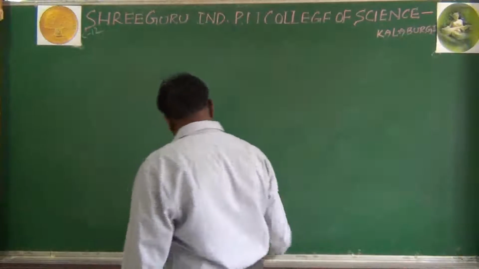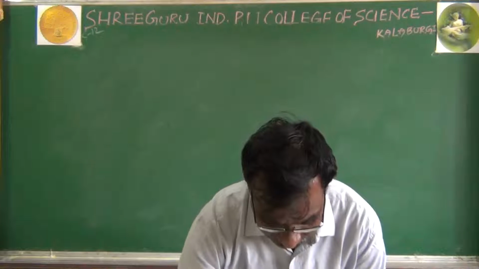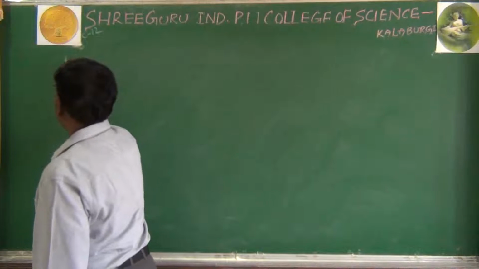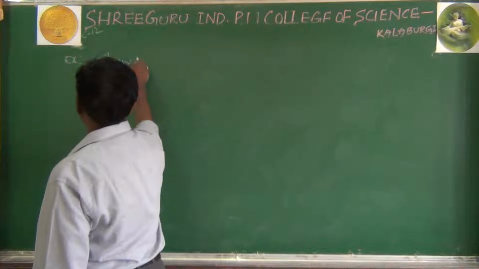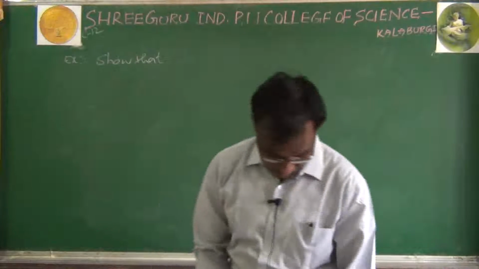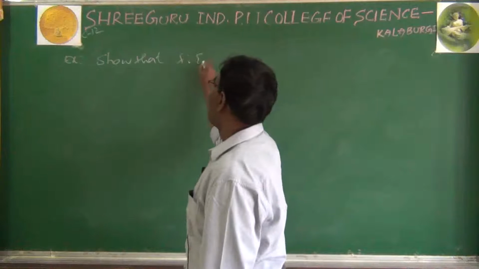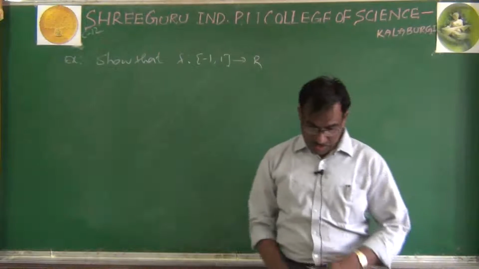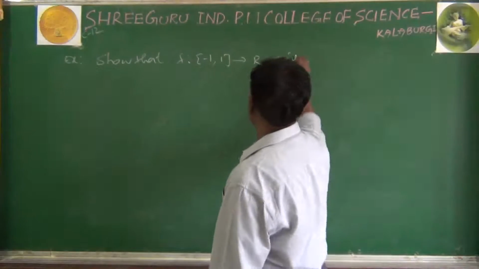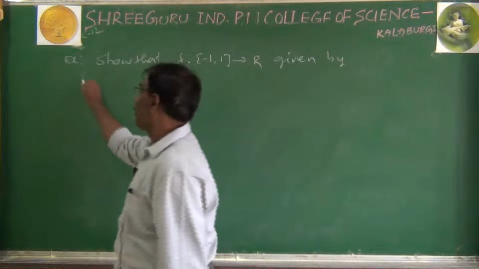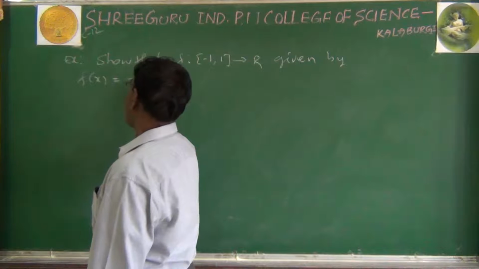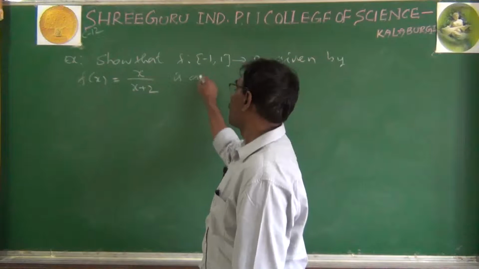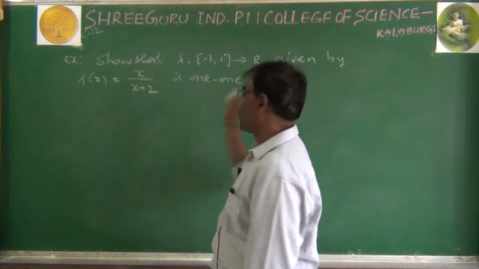So next problem. Show that f from minus 1 to plus 1 tends to R, given by f of x equal to x divided by x plus 2, is one-one.